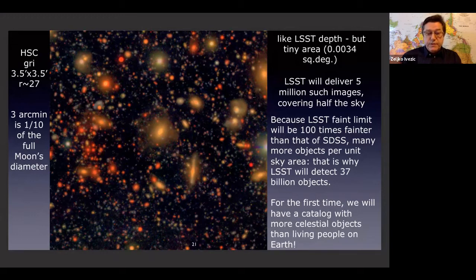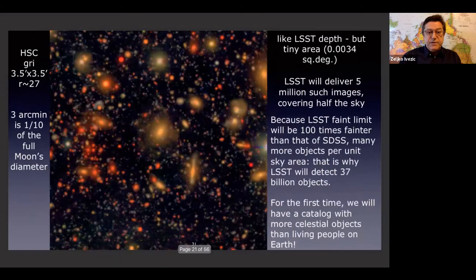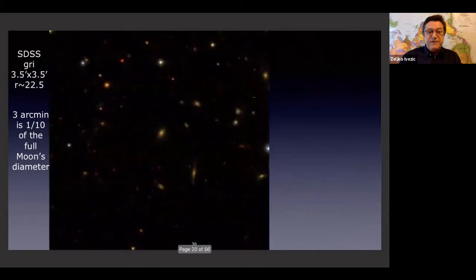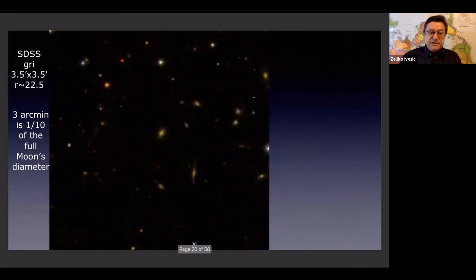So Subaru cannot deliver the whole LSST, but it can illustrate what we expect from LSST. And so now I'll flip back and forth. Whenever I get tired of working on LSST and need more motivation, I go back to these 2 slides and I flip back and forth to motivate myself. This is fascinating. I've seen this 1,000 times and I always love it.